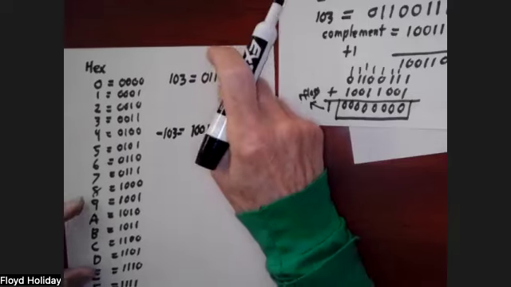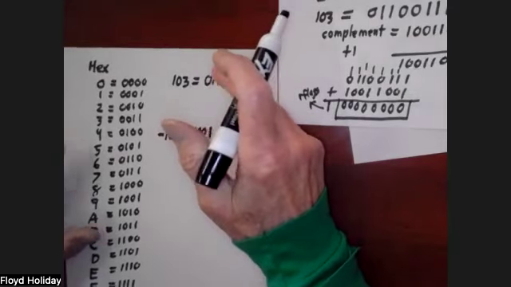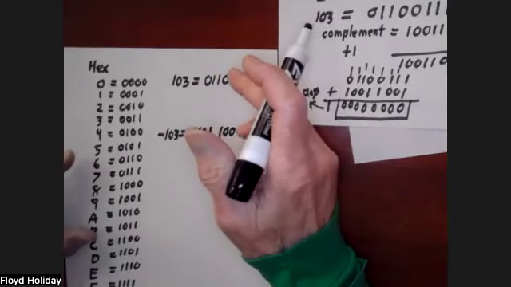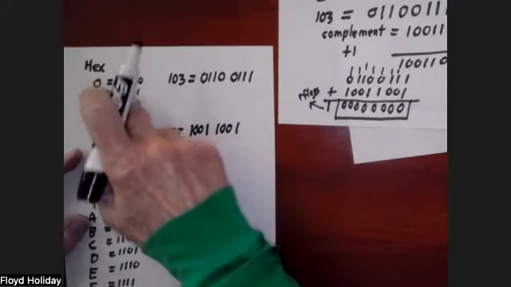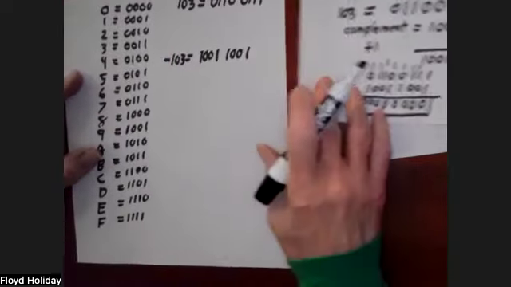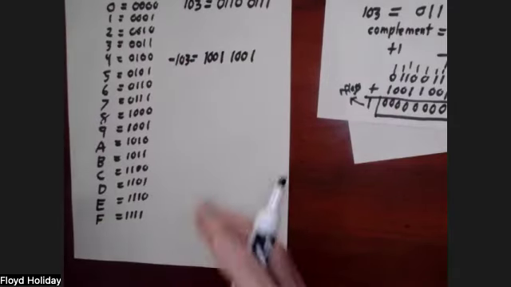I frequently subconsciously put the little blank space separating groups of 4. It's because a group of 4 bits fits in one of these hex digits over here. There's only 4 bits in use, and that's every combination of 4.